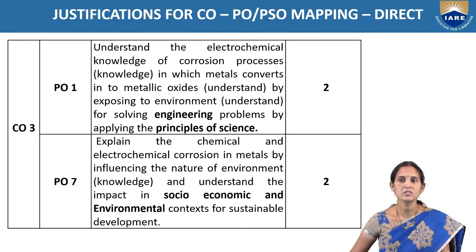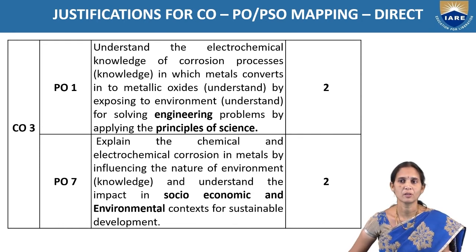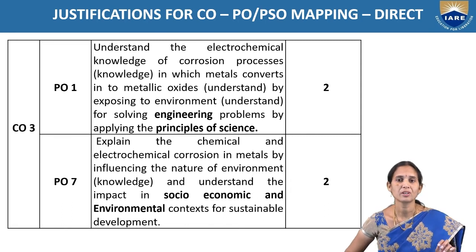They will gain the knowledge and they will understand here how dry corrosion is taking place, how wet corrosion is taking place. So understanding the impact in socio-economic and environmental context for sustainable development. So we'll understand about different types of corrosion. We are giving only 2 because here no problems are there, no formulas are there. So they no need to apply here any mathematical expressions.